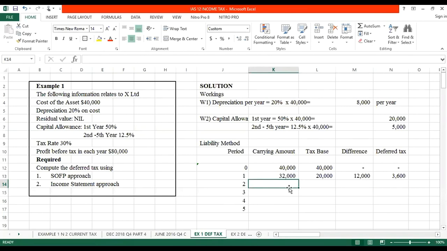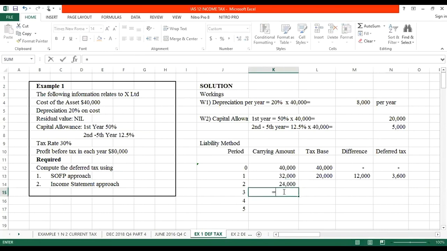Carrying amount in year 2 is, of course, carrying amount in year 1 minus again the depreciation for the year, or the cost of the asset minus accumulated depreciation. Okay, I think that is better so that we don't confuse. So that is cost minus year 1 depreciation minus year 2 depreciation. It gives you 24.